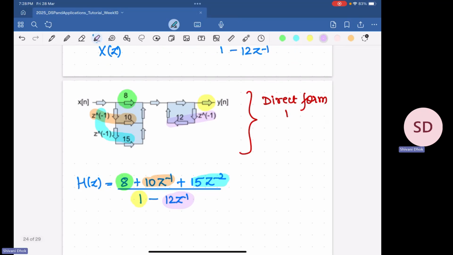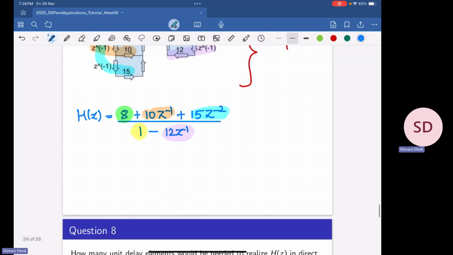Any questions? This is a small trick that you can use. This is simply by observation, so you can get this H of z by simple observation.